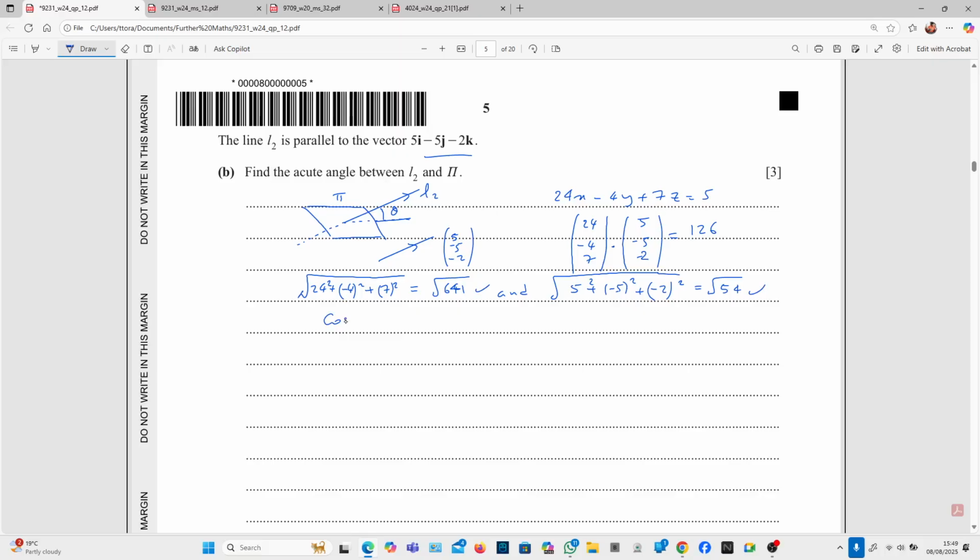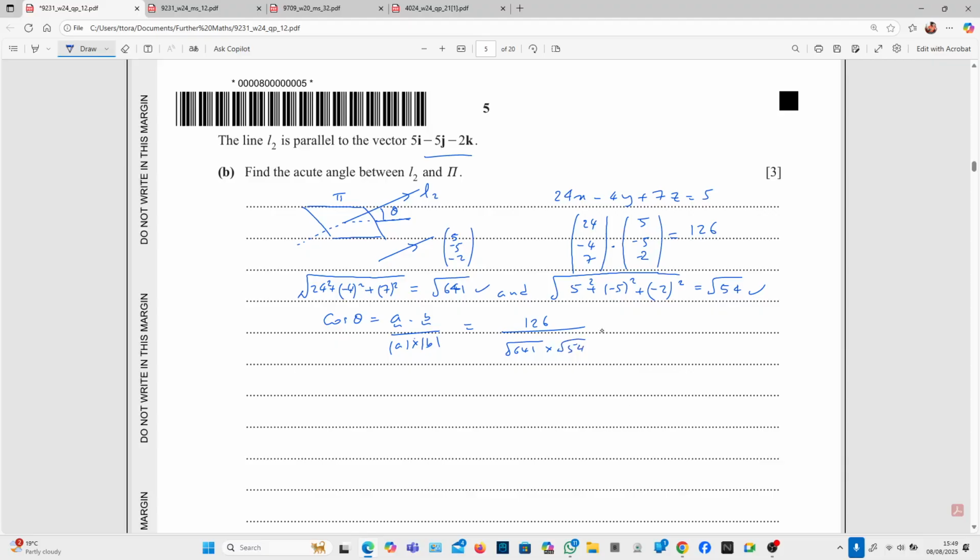Now we can apply the formula. We know that cos θ by definition is equal to vector A dot vector B over the magnitude of A times the magnitude of B. So this turns out to be 126 divided by the product of these two lengths.